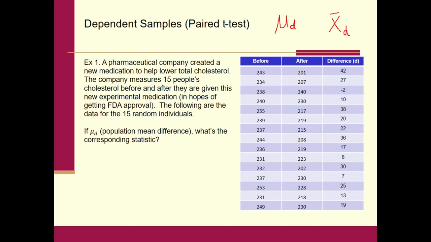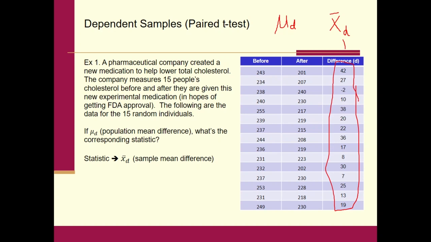It's the sample mean for the differences, and that's our statistic. In this problem, it would be the average of these 15 people, as far as the differences went. So it's the average of the differences for the sample.